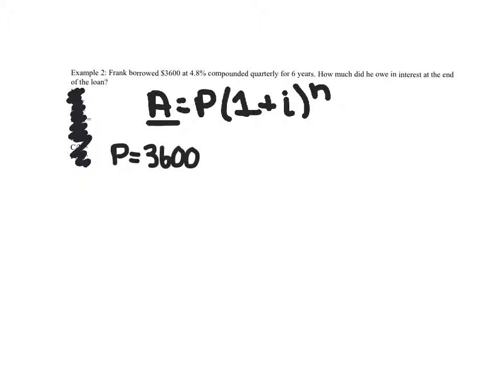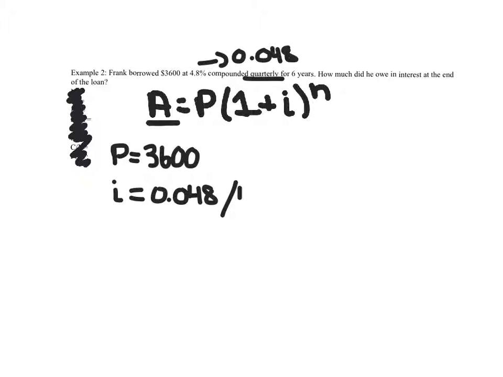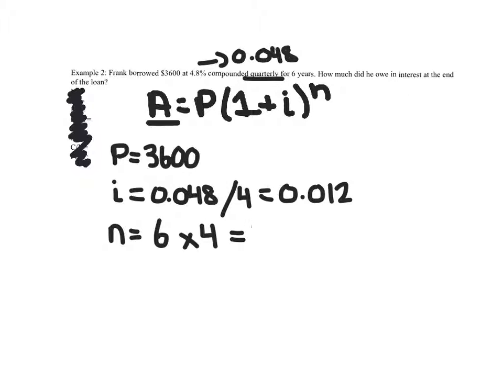The interest rate, so the i, is going to equal the interest rate of 0.048 divided by 4 because it's quarterly, and we get a value of 0.012. The n value is 6 years, but this time it's quarterly, so times 4 equals 24.